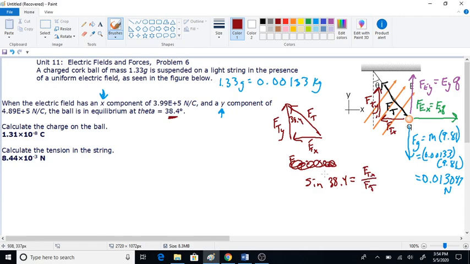Okay, so then we multiply by FT over here and solve for FTX. And instead of the sine of 38.4, I'm going to put it as a decimal. So this is 0.6211 times FT. All I did was multiply by FT over here and make a decimal approximation of this, not equivalent if I want to be technically correct.